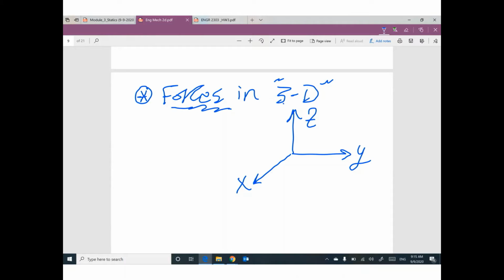Also, it will be the same sequence. We need to break each force to how many components in this situation?